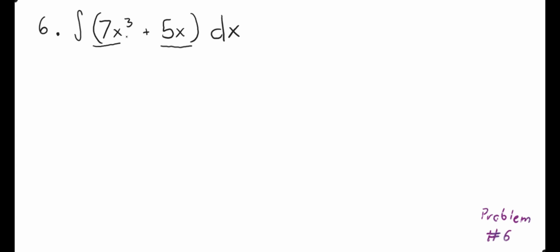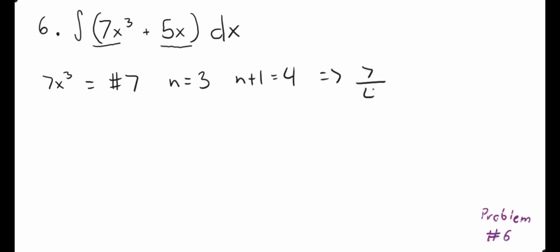So let's focus on 7x cubed first. So we got 7x cubed. We know that our number is 7 and the n happens to be 3, so that means n plus 1 equals 4. So overall, that means that we're going to get 7 over 4 x to the power of 4.